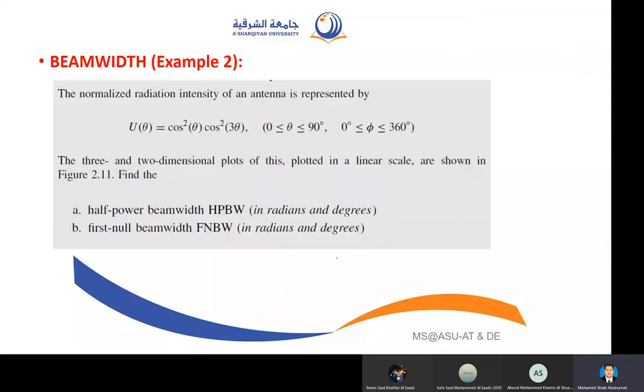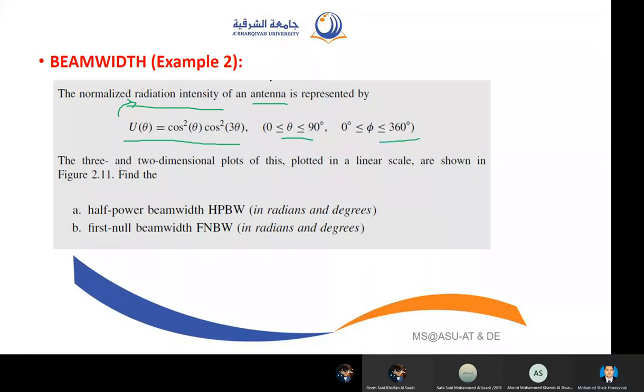Okay, next let us see practically from the mathematical equation how we can calculate the beam width. The normalized radiation intensity. I think you are not aware of what radiation intensity is; I will explain now. The normalized radiation intensity of an antenna is represented by this equation, cos square theta into cos square 3 theta, with angles given from 90 to 360.